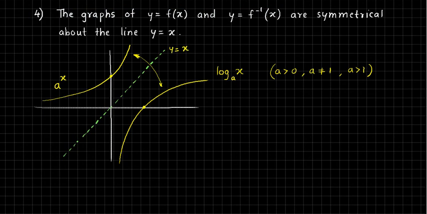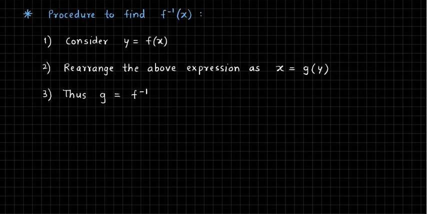Now let's go ahead. Here is the procedure to find the inverse of a function. That means what do we actually do to find the inverse? So firstly we consider the given function as, say, y, that is, we write y equal to f of x.